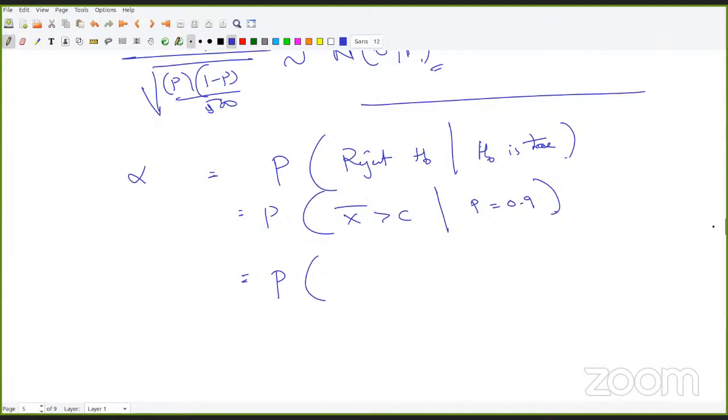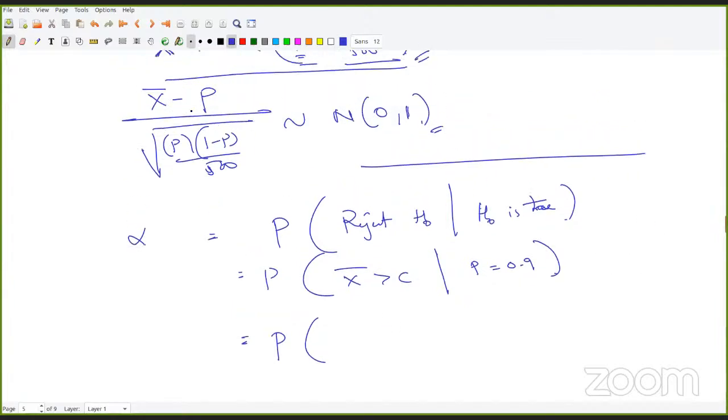So we have to do x bar minus p divided by root over p times 1 minus p by 500. But here we are given that p is 0.9.